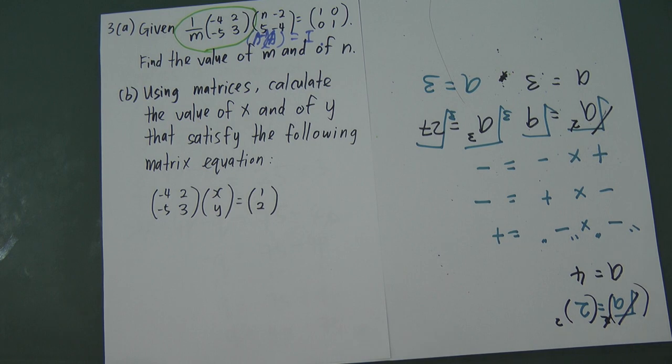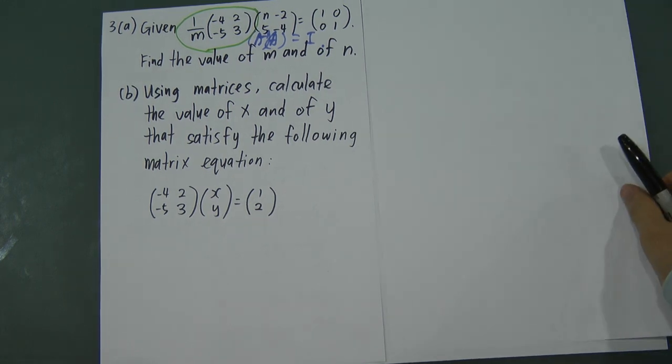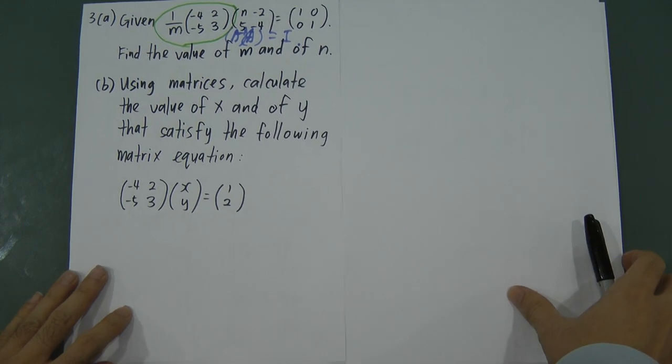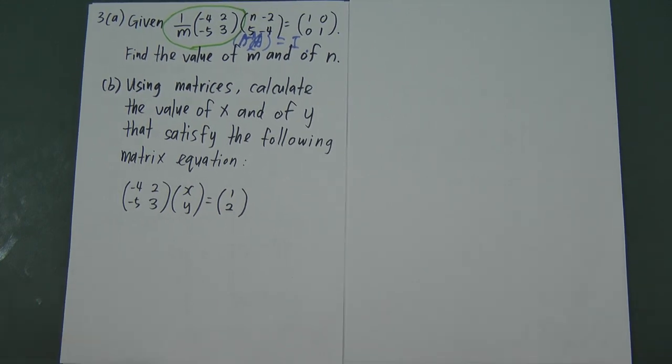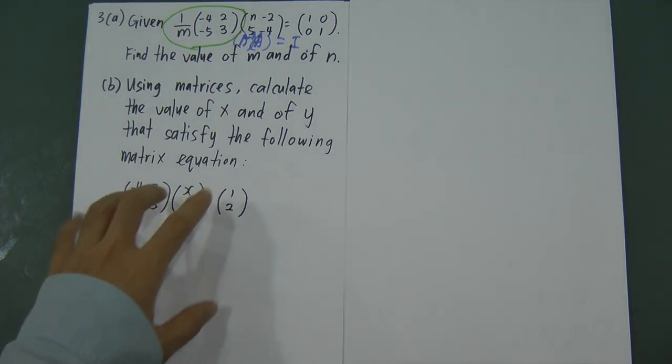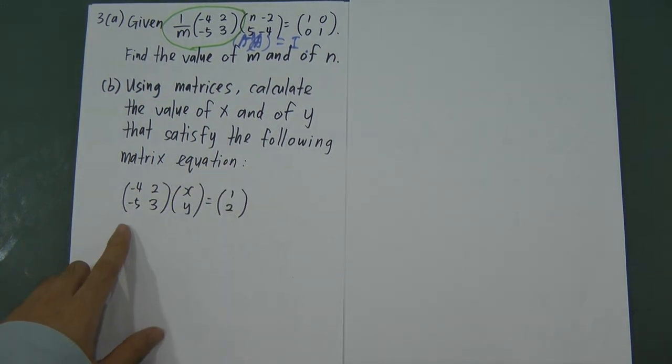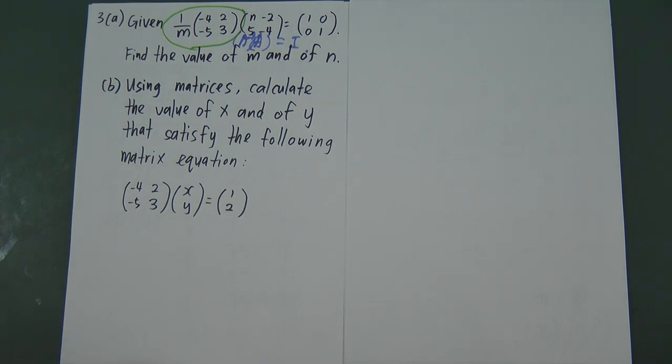On part B, what do we have? It says using the matrix, calculate the values of x and y that satisfy the following matrix equation. This one is actually quite simple. It is already changed to the matrix form for you.